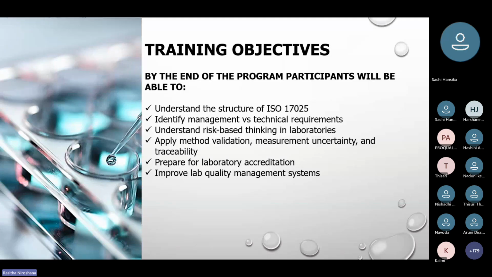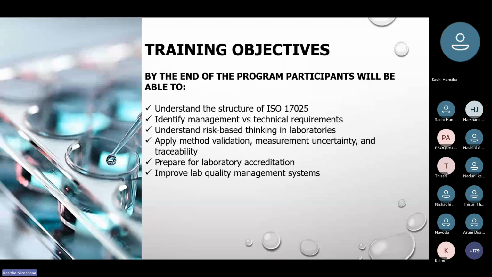In uncertainty, we didn't do the calculation, but I explained with an example how we would do it. Then we talked about method validation, measurements, uncertainty and traceability, and I also took an example connecting the laboratory accreditation part.